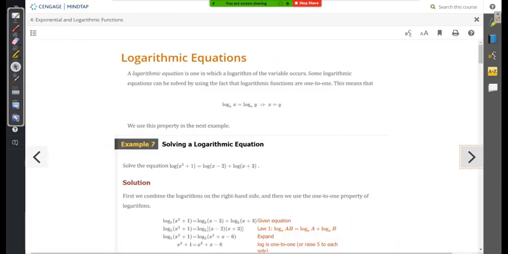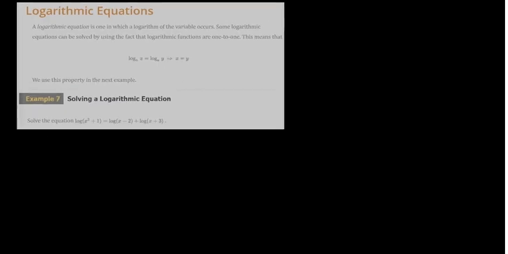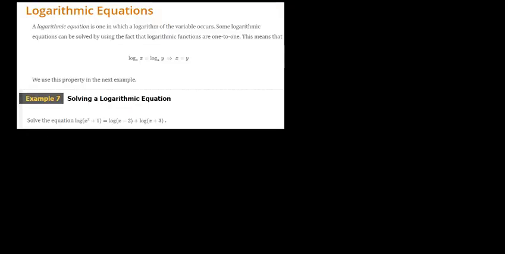All right, now logs. So how do we do logs? We did exponential. Now we're going to do logarithmic, and logarithmic, I dare say, is just as easy. So let's read. A logarithmic equation is one in which a logarithm of a variable occurs. Some logarithmic equations can be solved by using the fact that the logarithmic functions are one-to-one.